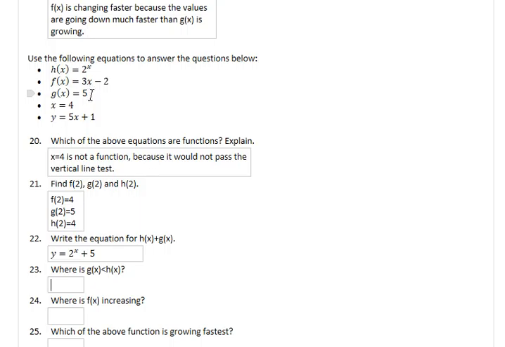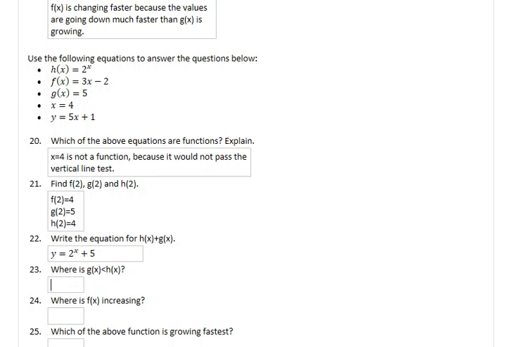They cross at about 2.32. And since I want g of x to be smaller than h of x, that means this is going to be my low bound. And then it's going to continue.